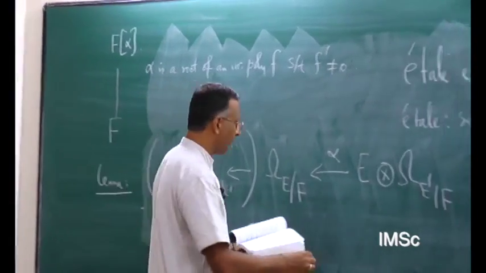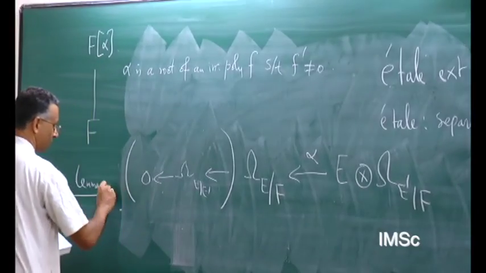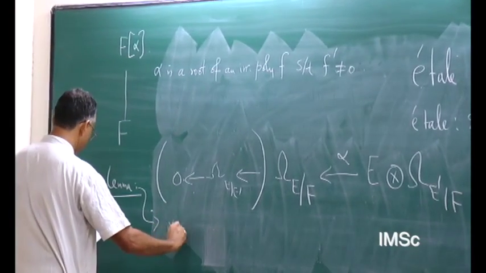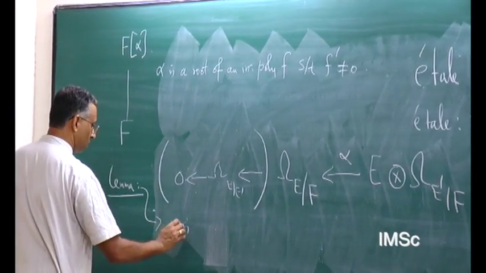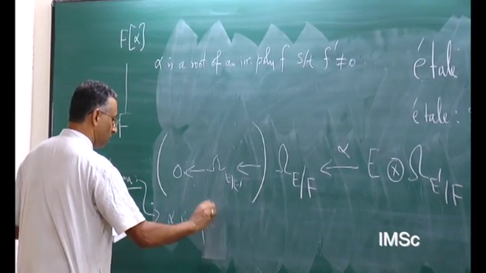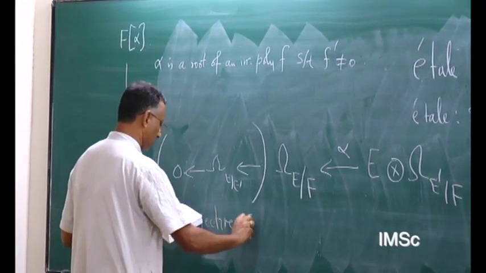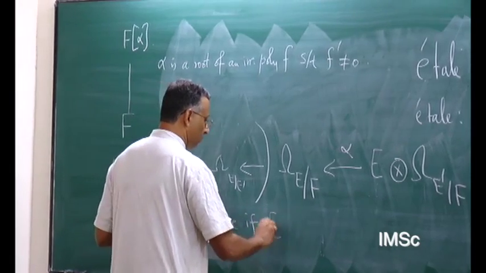Lemma: alpha is injective. So that is notation. Sorry, that's not part of the lemma. Alpha is injective if E is separable over E prime.